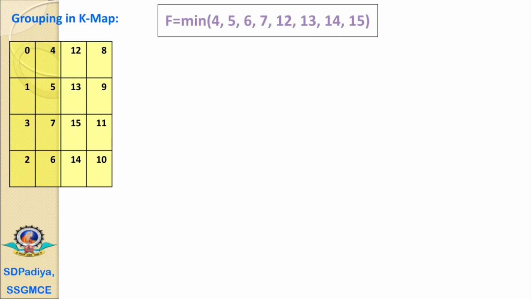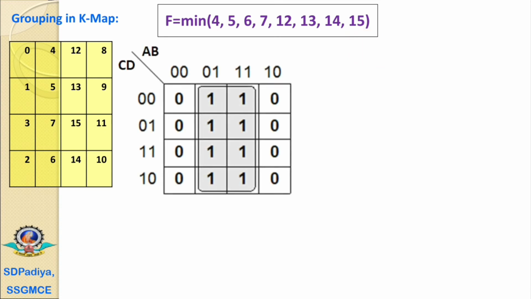The next is the function with the min terms 4, 5, 6, 7, 12, 13, 14, 15. Now in this, if we construct the K map and enter 1 for the cell designations 4, 5, 6, 7, 12, 13, 14, 15, then it will look like this. If we observe, it is an octet, and this octet belongs to all 4 rows.